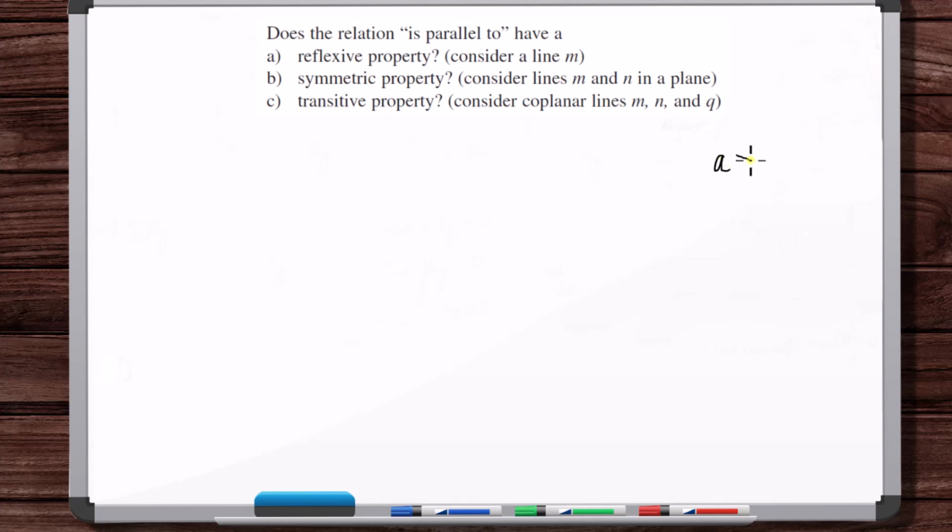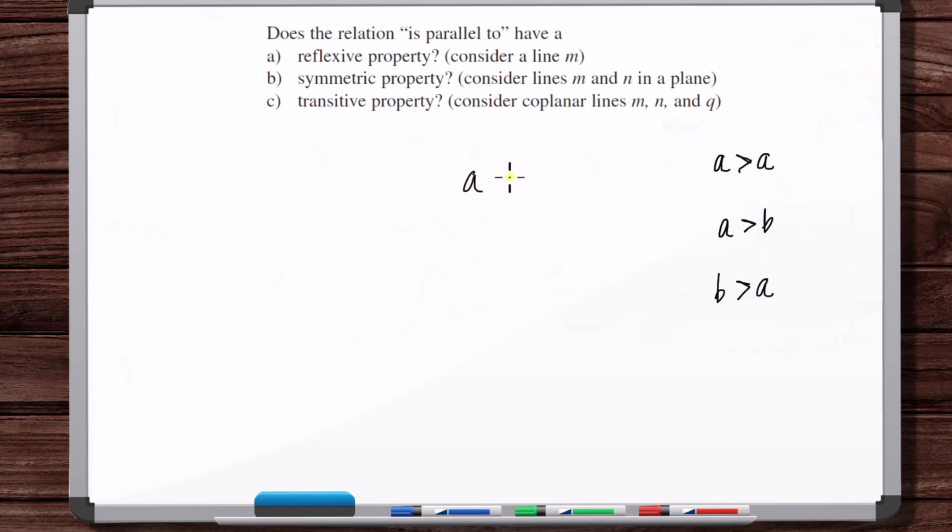So A is greater than A. That's not true, right? So it's not reflexive. Is it symmetric? In that case, you use two numbers. You say A is greater than B. Okay. Now, can you flip the numbers and say B is greater than A? No. So it's not symmetric either. Now, is it transitive?